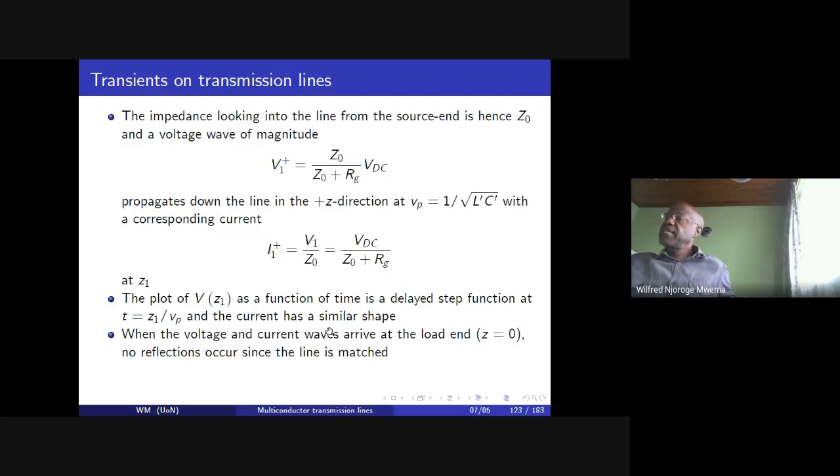When the voltage and current waves arrive at the load end, they find that the line is terminated in its characteristic impedance, and therefore they suffer no reflection, and the transient will die there. So a steady state will then be established with the entire line tied to a voltage V1 plus.